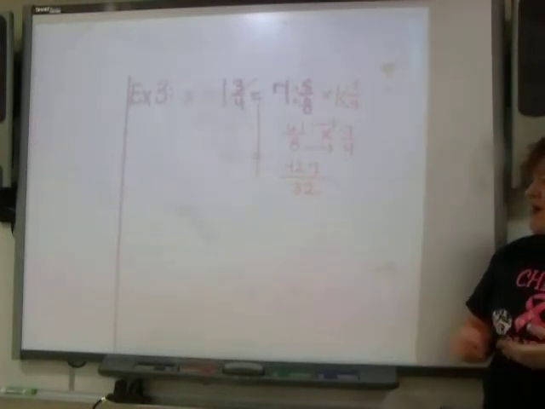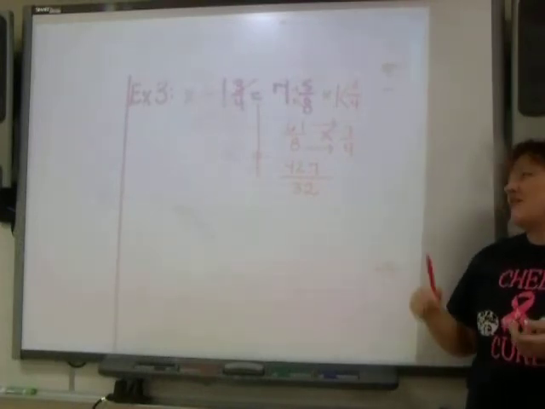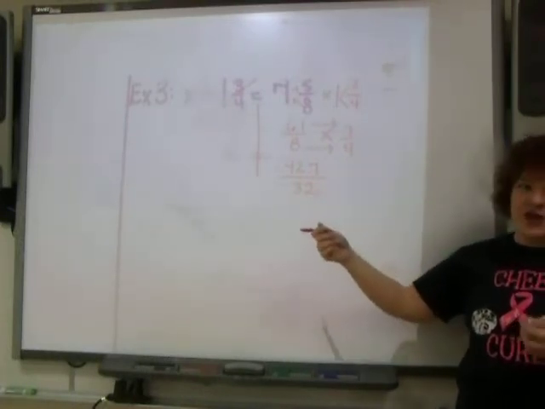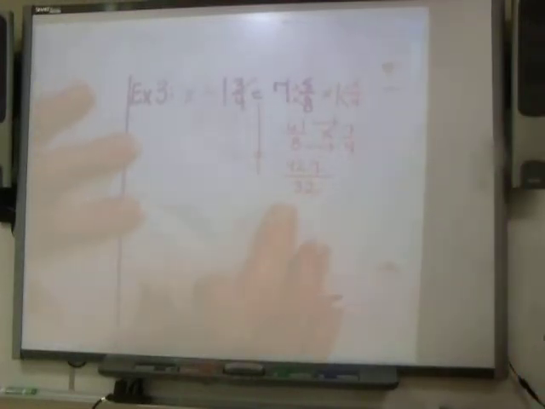But if you don't have to take this and turn it into a different form, every time you have to do more to a number is more chance for you to make a careless mistake. So, again, if it's multiple choice, they're not going to leave it in this form. This is an improper fraction. So they're going to take the numerator, divide it by the denominator. 32 will go into 42 one time. That's a remainder of 10.